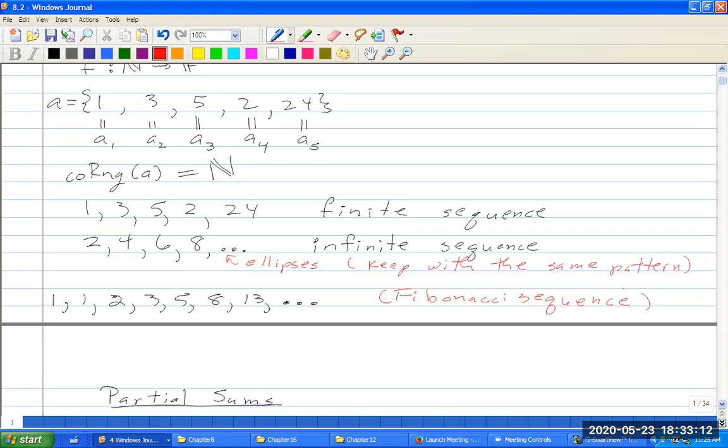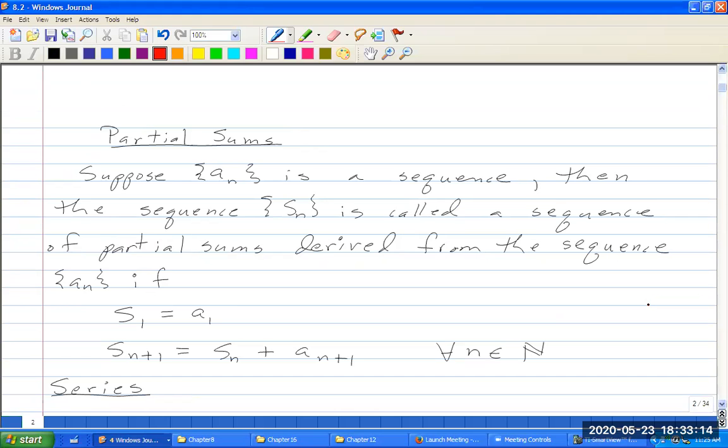Okay, partial sums. Suppose that A sub n is a sequence. Then the sequence S sub n is called the sequence of partial sums derived from the sequence A sub n if S sub 1 is A sub 1, the first term in this sequence, and S sub n plus 1 is S sub n plus A sub n plus 1 for all natural numbers n.